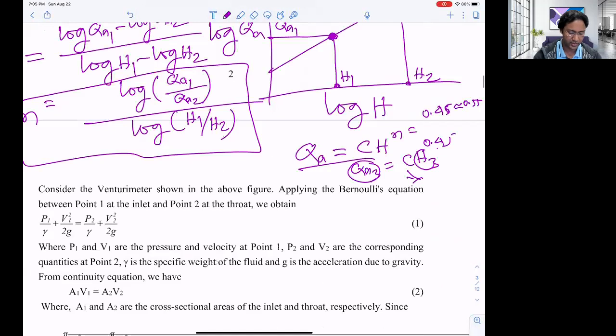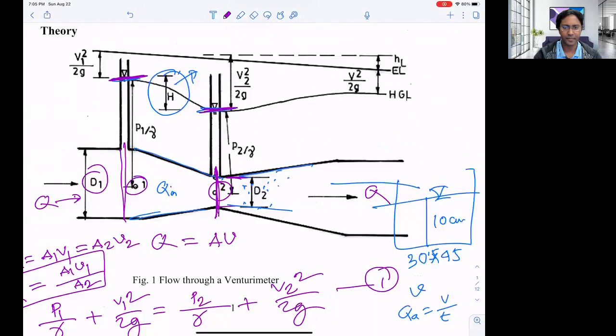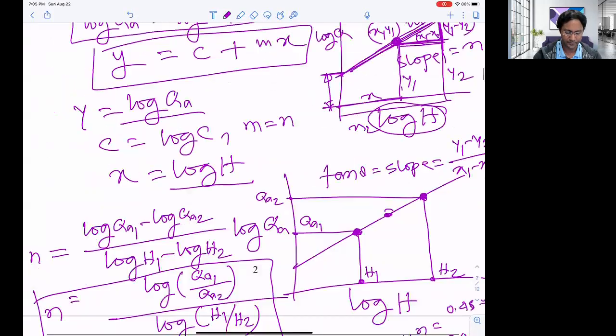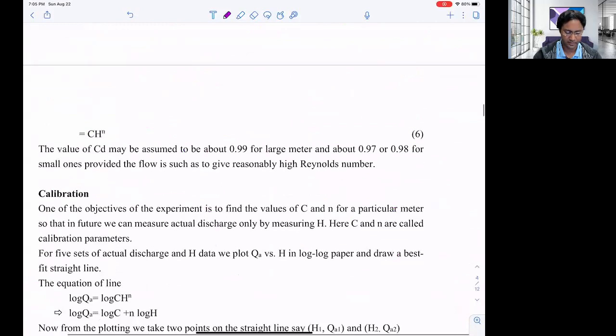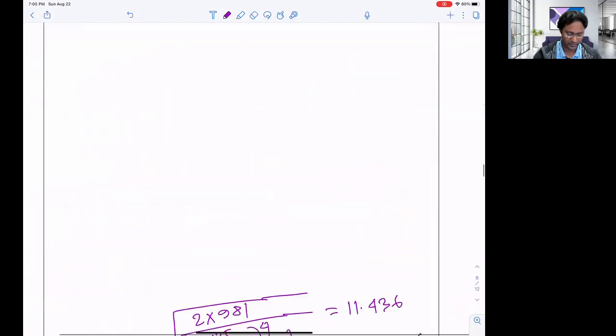We are measuring this one and we are measuring this one. We can quickly measure that, and we can calculate H quickly: P1 by gamma minus P2 by gamma, and we can directly put this in the calibrated equation that we just made right here.